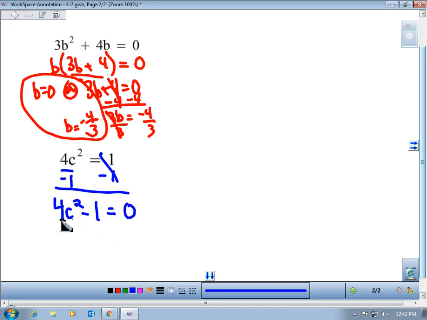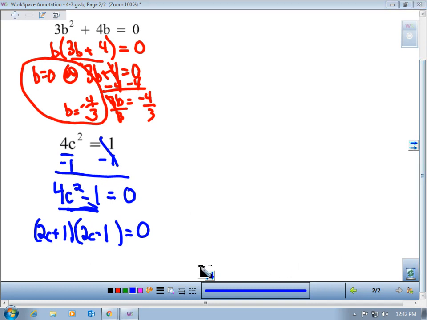Well, this is the difference of squares. Notice those are both perfect squares. So it's what do I square to get the first term? 2c. That's both my first terms. What do I square to get 1? It's 1. One's a plus, one's a minus. So there's how I factor this. This is the difference of squares.